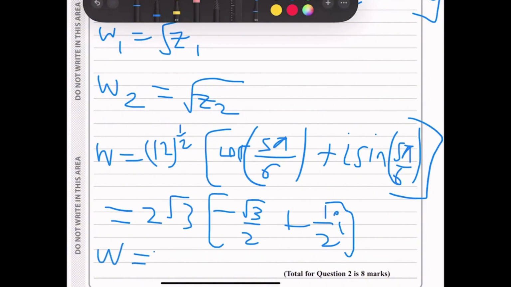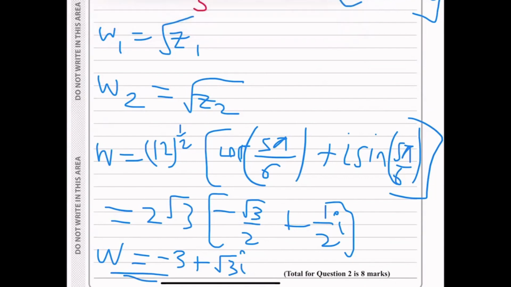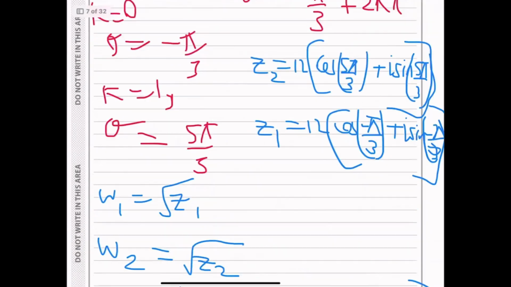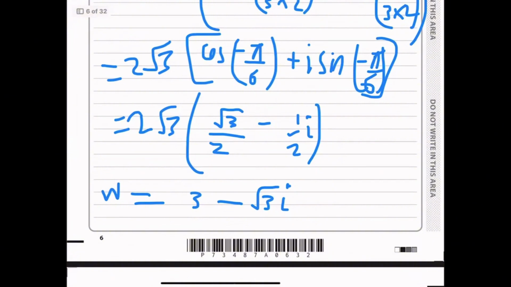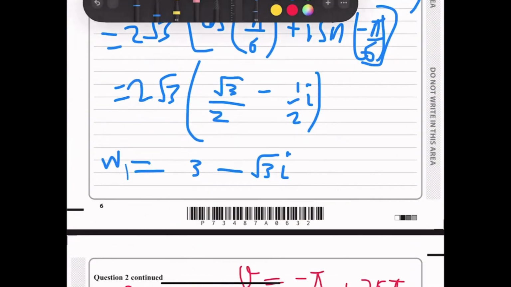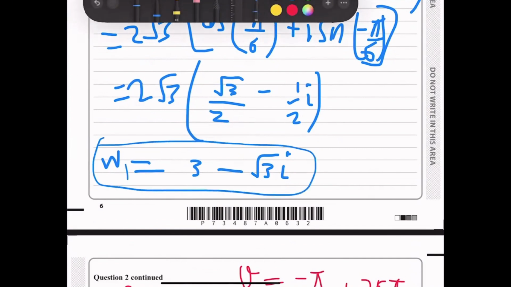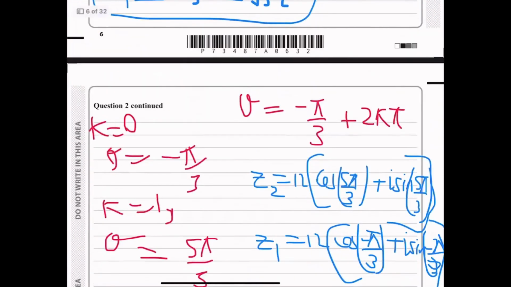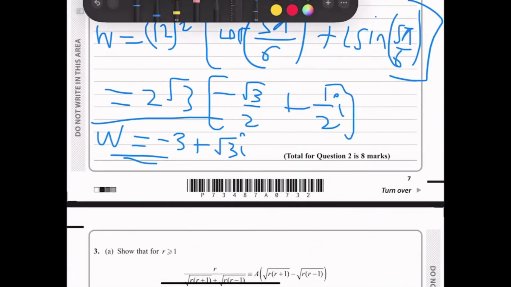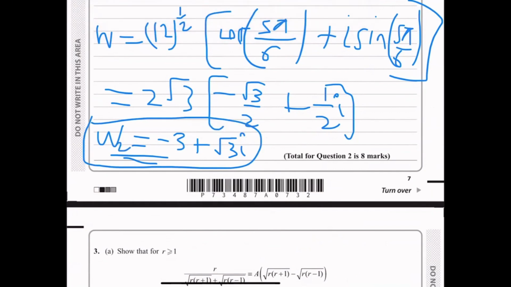And there you have w equals minus 3 plus root 3 i. So these are the two answers for w. We have minus 3 plus root 3 i and 3 minus root 3 i. This is w1, and this is w2, the second answer. So these are the two answers for part C.